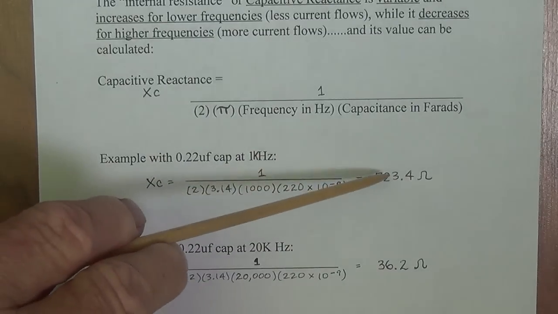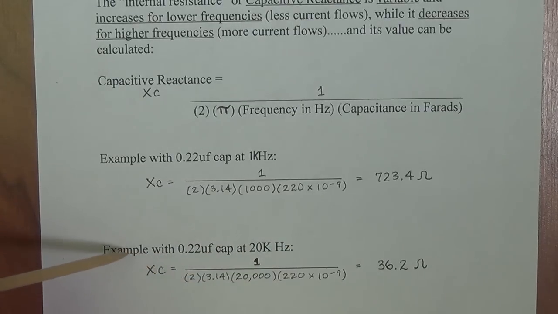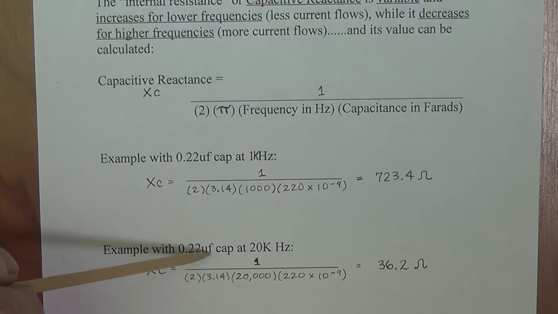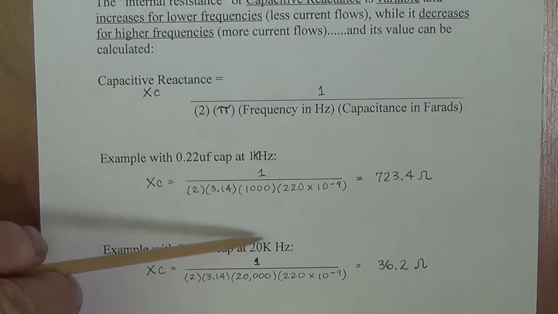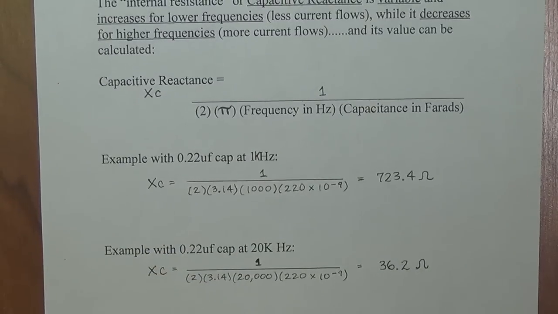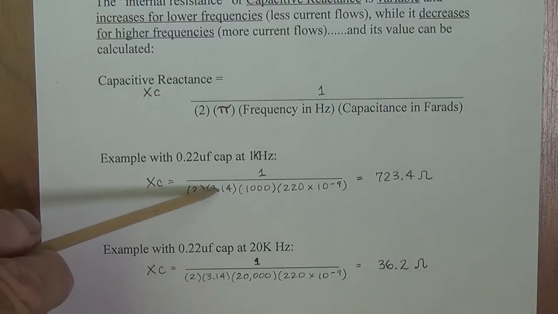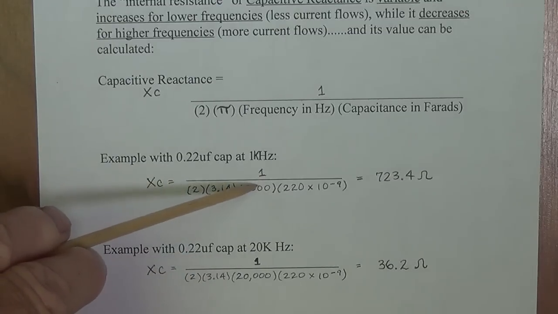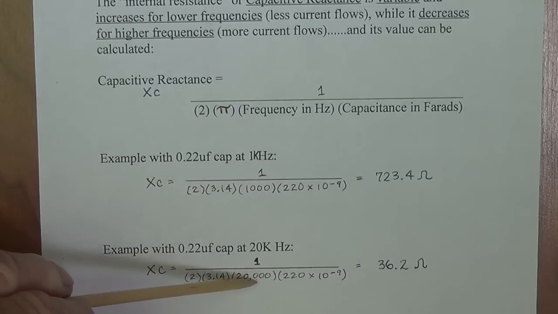Now, this value in itself is not all that earth-shaking until we compare it to what happens when the same 0.22 microfarad cap encounters a signal that is not 1,000 cycles per second, but 20,000 cycles per second. Looking here at the math, the 2 remains the same, the 3.14 value for pi remains the same. Here the frequency is the only thing that's going to change. Up here it was 1,000 cycles per second. Down here it's 20,000 cycles per second.